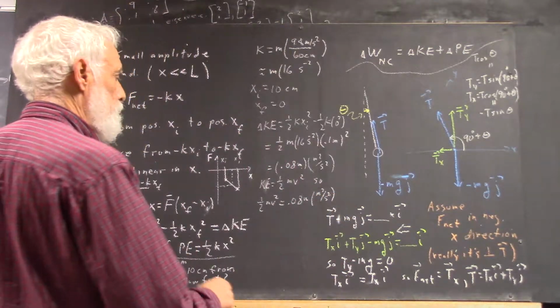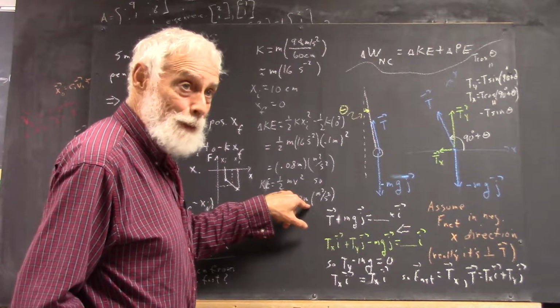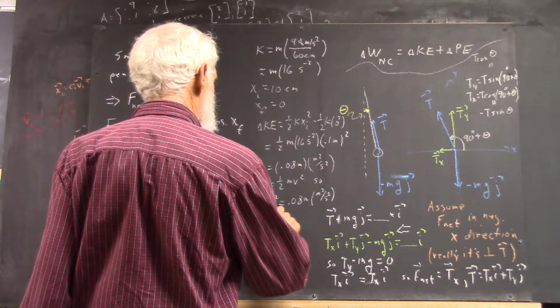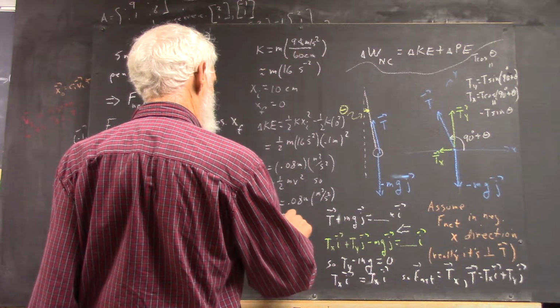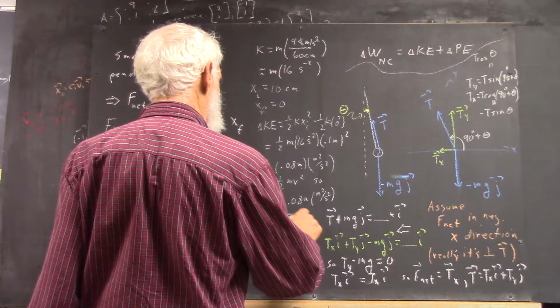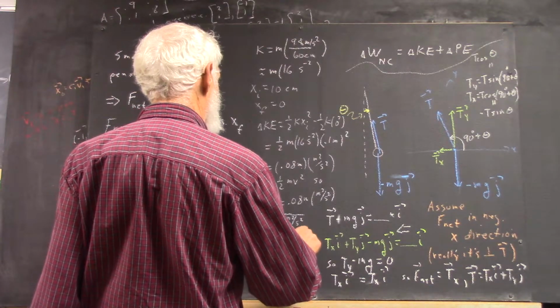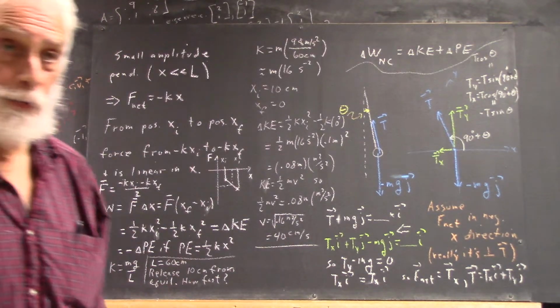So we have this, our m's divide out, our masses, right? This m is a mass, this m is a mass, and we get v equals the square root of 0.16 meters squared per second squared, which equals 40 centimeters per second, or 0.4 meters per second, okay?